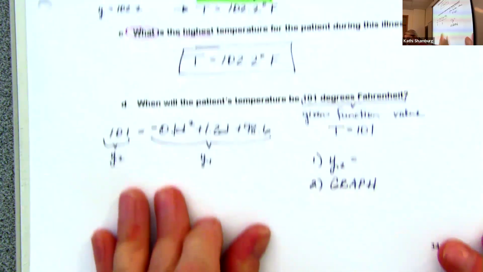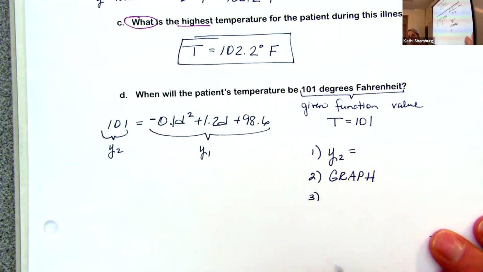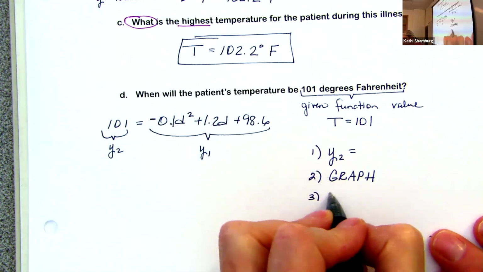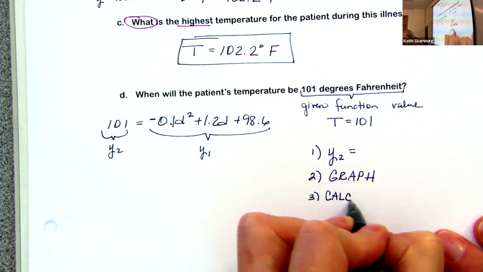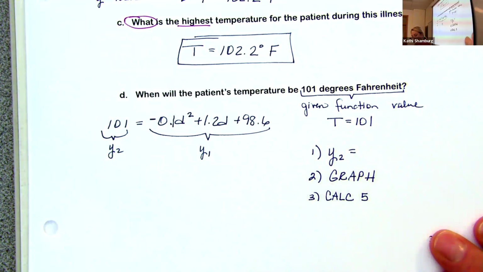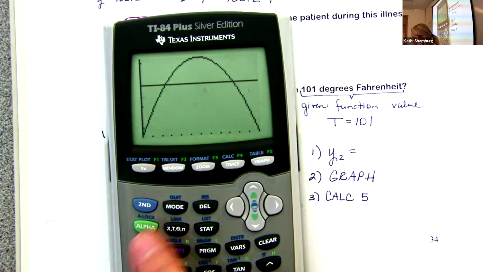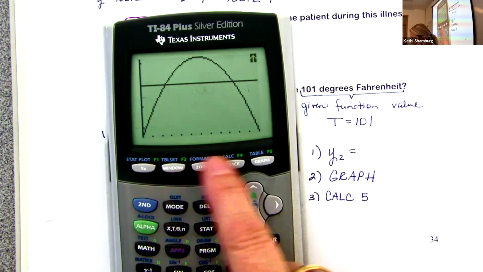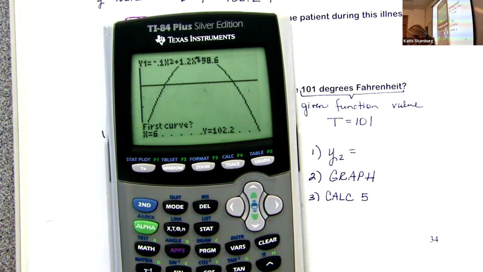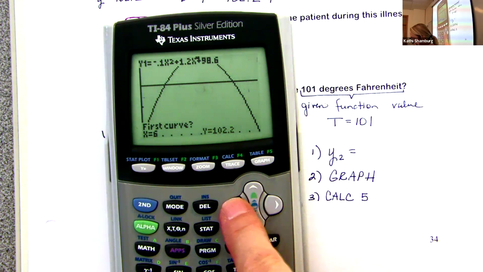Okay, so what do I go to next? Yes, so this is Calc 5. Now I need to show you something because we have 2 of them that we're going to have to do. All right, so my cursor appears to be way at the top. I'm going to move it closer to the first intersection.